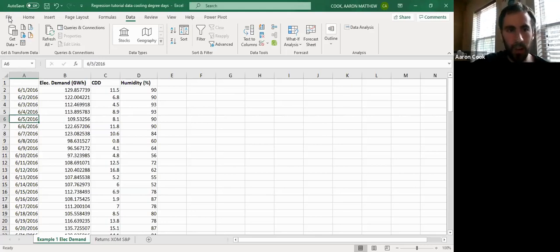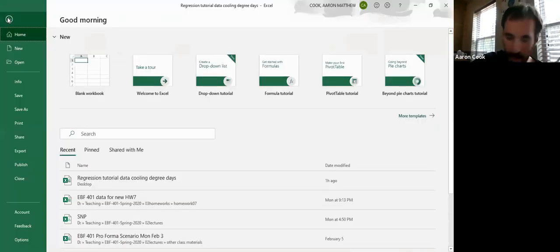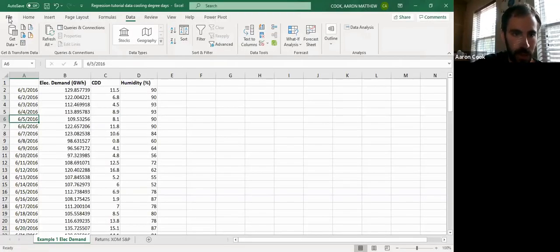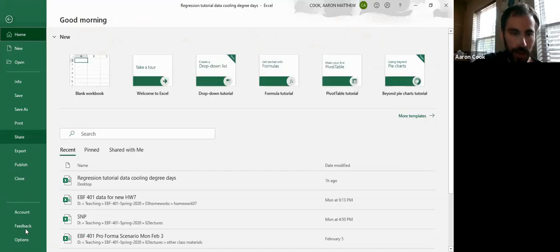The way that you install regression analysis capabilities on Excel is you go up here to File. So if you click on File, this is going to be an explanation of how to install the data analysis package in Excel, which you're going to need for doing the regression analysis in Excel. Go up to File, then go down on the left-hand side menu to Options.